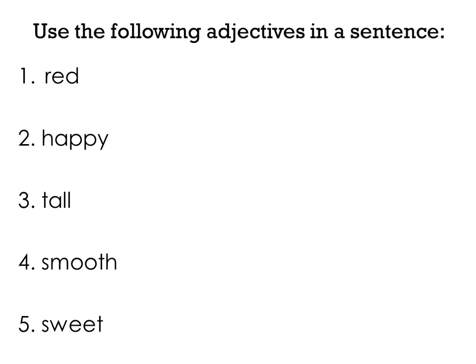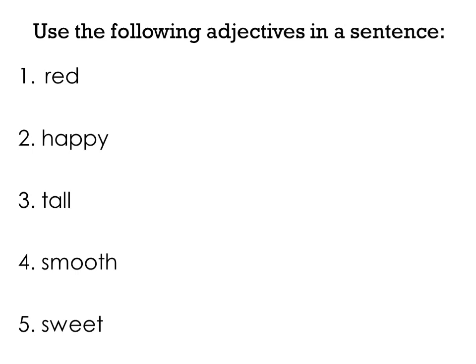Number one is red. You need to write a sentence that has the word red. Example, I have a red umbrella. Now your turn. Write your answer in your notebook. Just answer, no need to copy it. Just write your sentence.